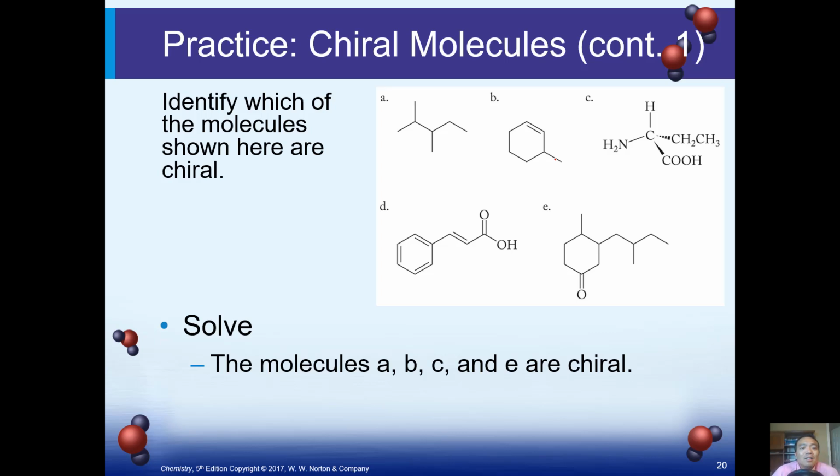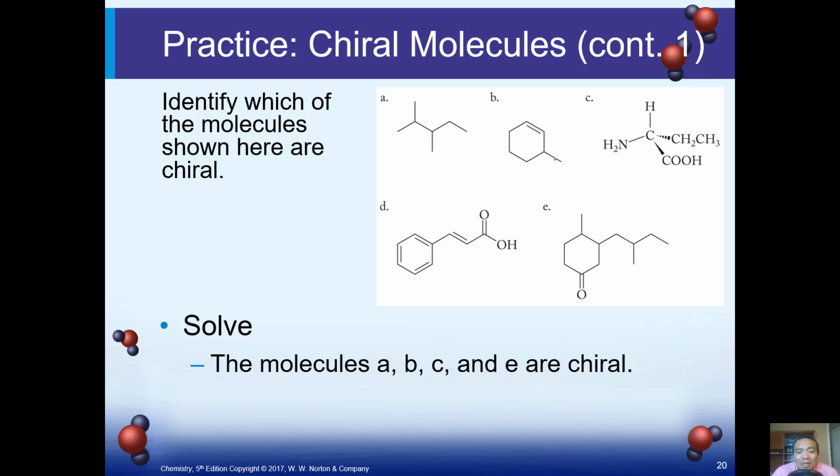Second, organic compounds can have isomers, and isomers can be constitutional isomers or stereoisomers. Stereoisomers can be further divided into subgroups of enantiomers and diastereomers.